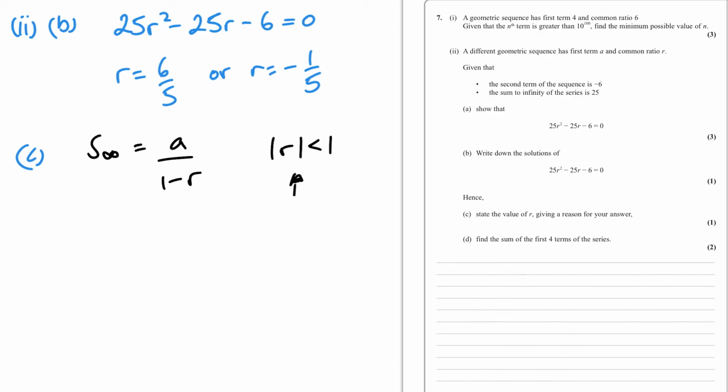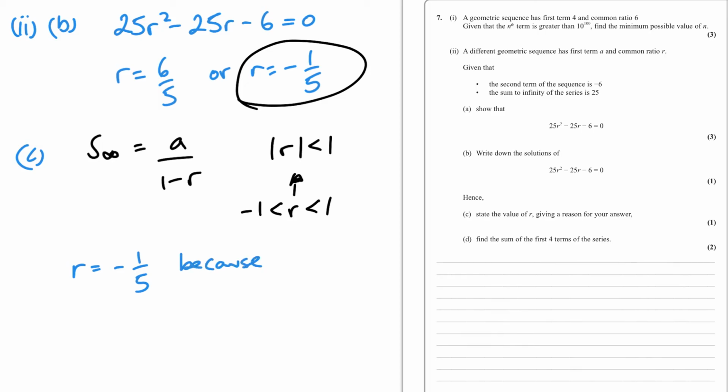This means that R must be between 1 and negative 1, which when I look at my two answers, means it needs to be minus 1/5, as 6 over 5 is greater than 1. So that is my reasoning. So for C, when I'm stating a value of R, R equals negative 1/5, because your R needs to be between 1 and negative 1. So along these kind of lines.